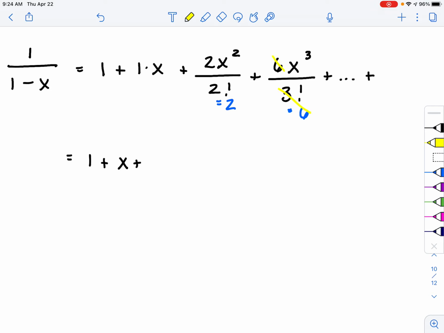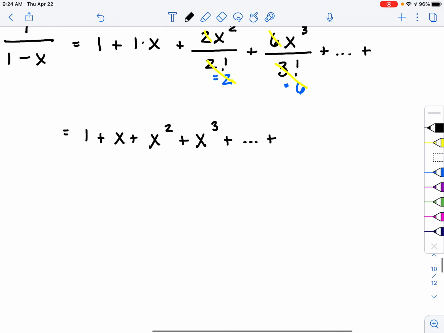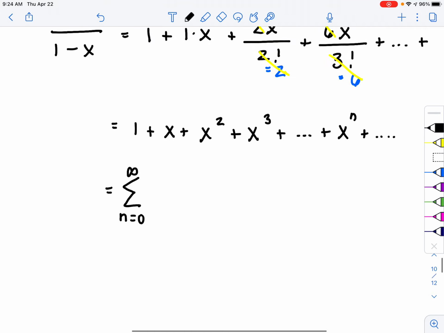So the denominators are going to cancel out with our numerators. If we continue that pattern, we can see it's just plus x to the n power, which is our general term. If we wanted to write that as a summation, we would start at n equaling 0 to infinity, and it would just be x to the n power.